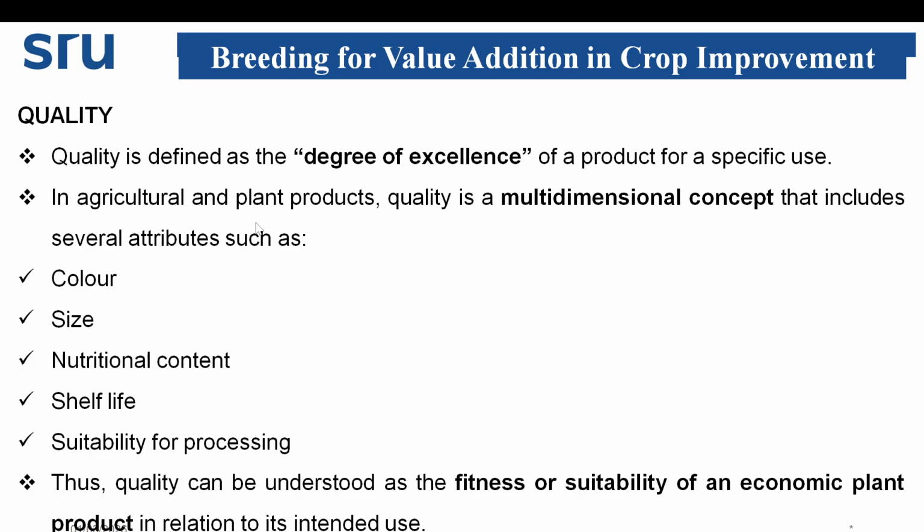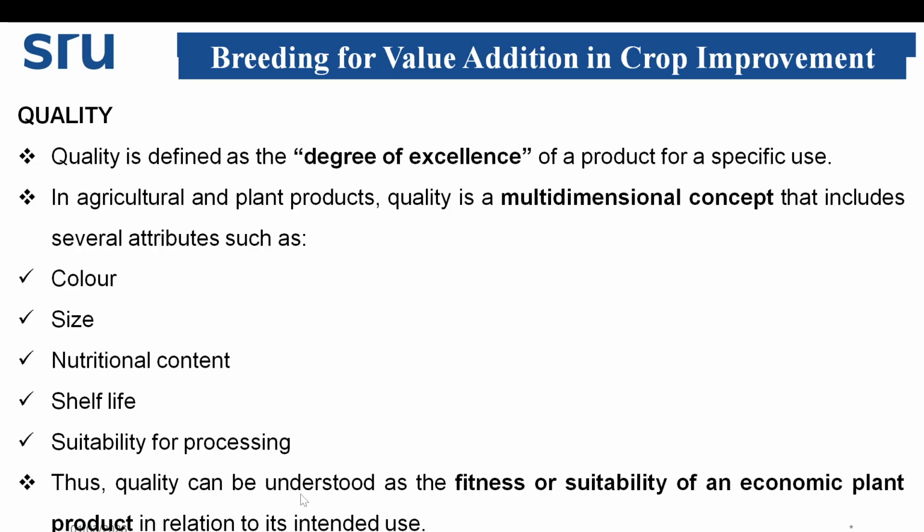So in agriculture and plant products, the quality is a multidimensional concept that includes several attributes such as color, size, nutritional content, shelf life, suitability for processing. So all these are considered as the quality characters, several attributes of quality.